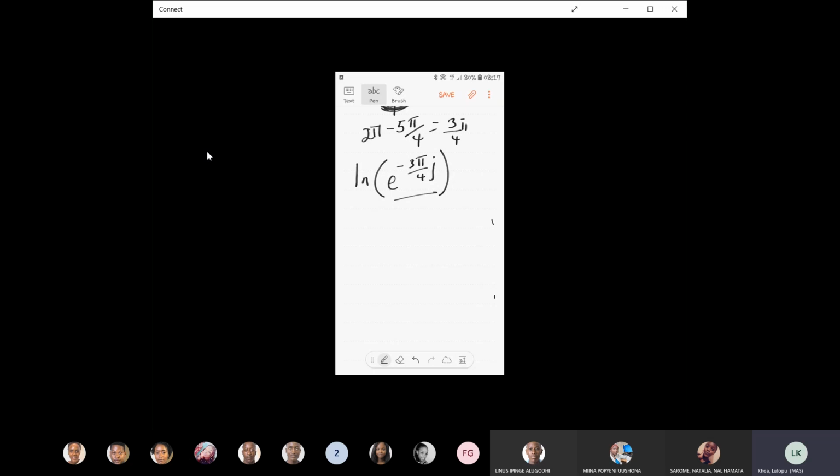Then I take ln the same way that I always do. So this will just be minus 3 pi over 4j. That's it. Okay, the value of r here is 1, but we know that ln of 1 is equal to 0. So I have 0 minus 3 pi over 4j, and that is my answer.